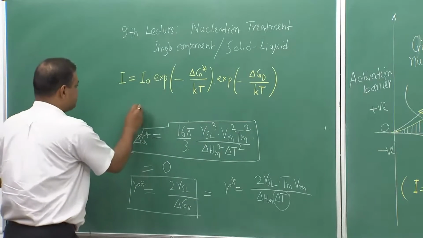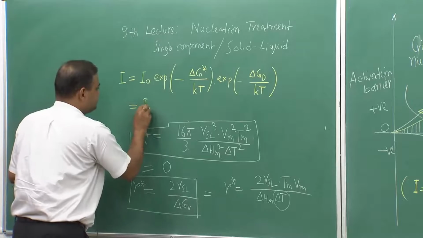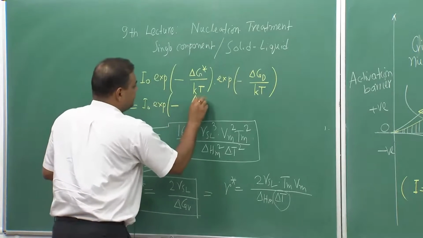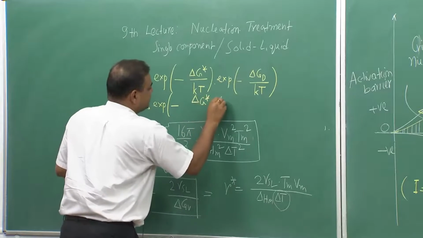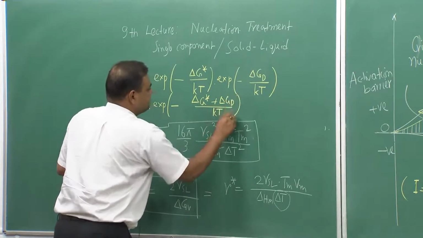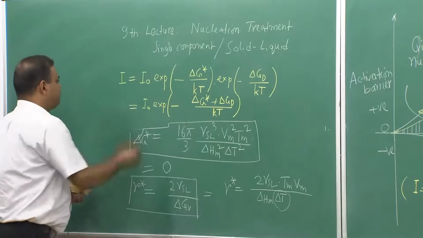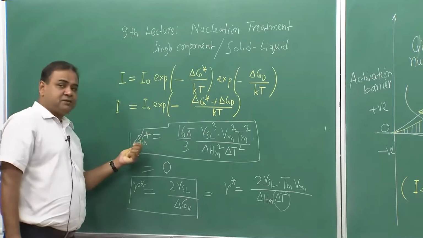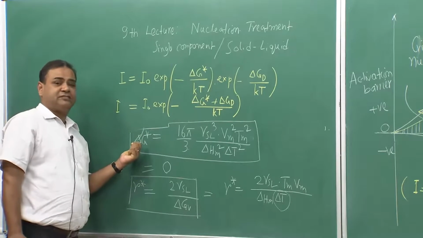Now, in this expression, I can also write in terms of exponential minus delta G star plus delta G D by KT. This is a very, very popular expression, and this considers delta G star, which can be calculated from this.